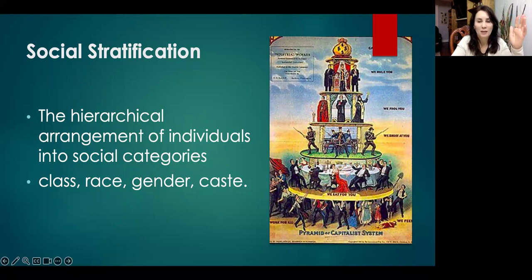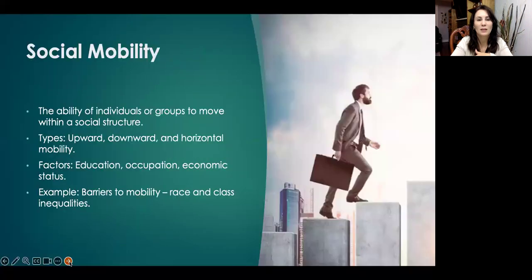If they somehow fall from the elite and become workers, that's downward mobility. So this mobility is a very important thing. In some of the democratic countries where fairness or justice is served, people can have better social mobility.